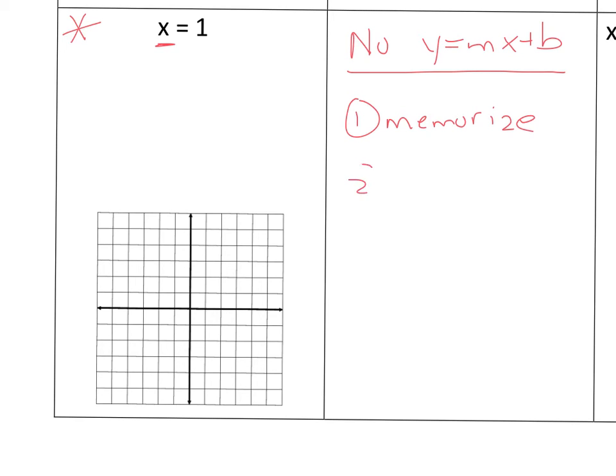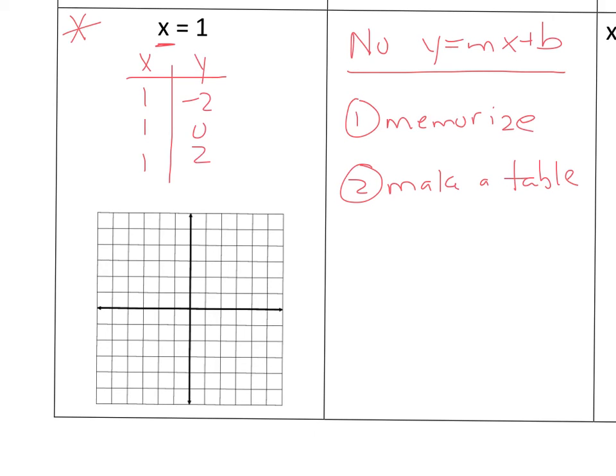Or option 2 is to make a table. If I make my table here, and I'm going to leave out the middle column, the x's have to be 1s, and then I've got -2, 0, and 2 for my y values. So if I go down here and graph (1, -2), (1, 0), and (1, 2), now draw your vertical line.